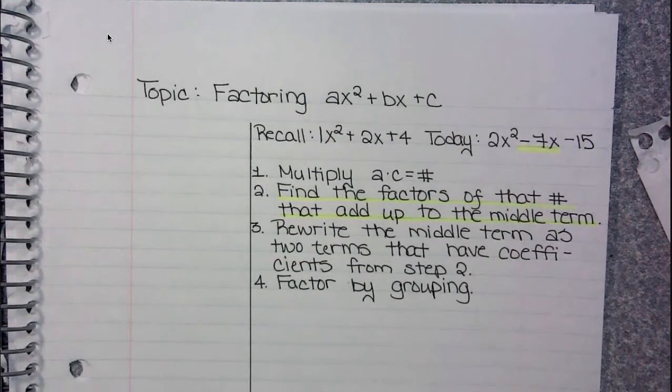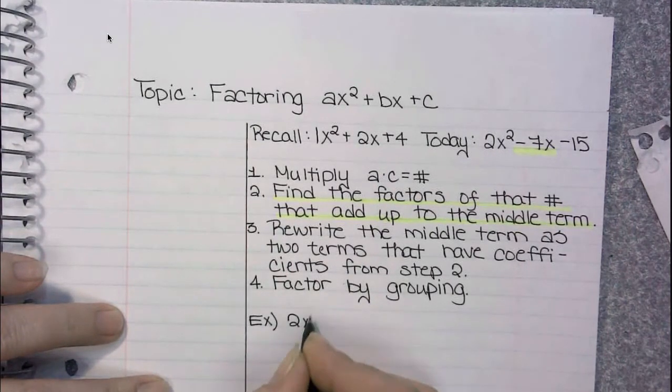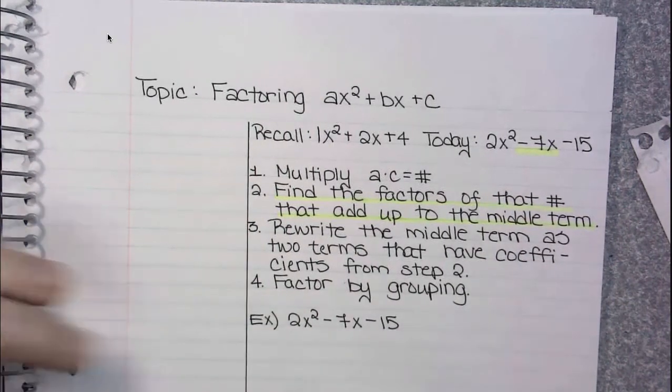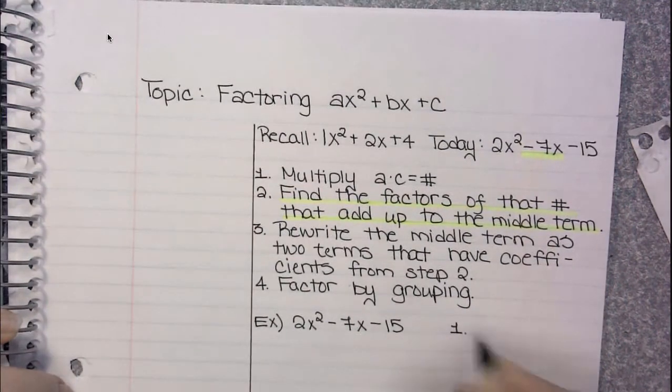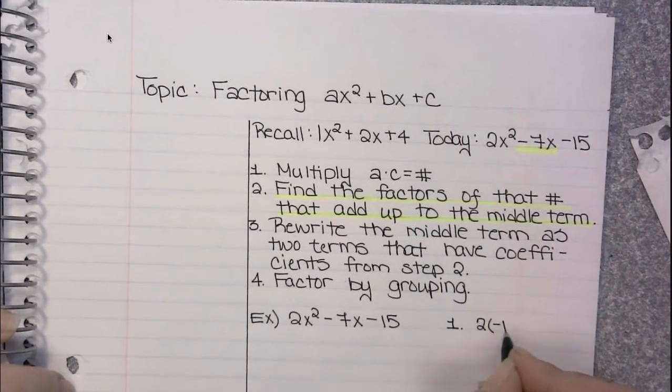So let's go back to our original equation. We have 2x squared minus 7x minus 15. And I'm going to write this out with steps. So step 1, we're going to multiply a times c, so 2 times -15, and we get -30.